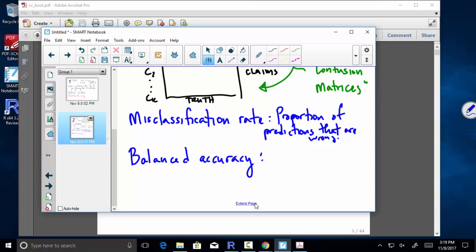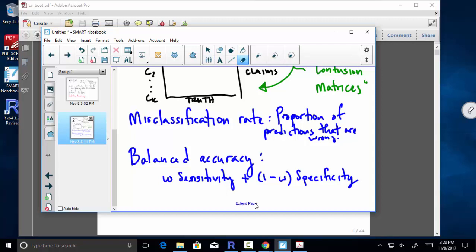Balanced accuracy is, at least in a binary case, some constant W times sensitivity plus another constant V times specificity, divided by the sum of those constants.